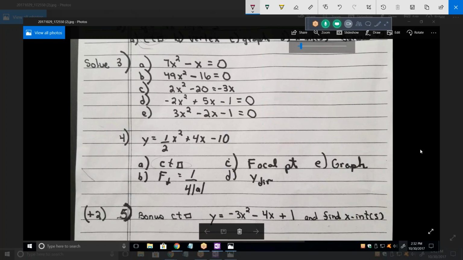Okay, number D. You can already tell that this one doesn't factor out with quadratics. We'd have to use the quadratic formula on this one because of the negative 1. Yeah, let's make sure we go through all the steps. There's no greatest common factor. There's no difference of perfect squares because there's an x term.